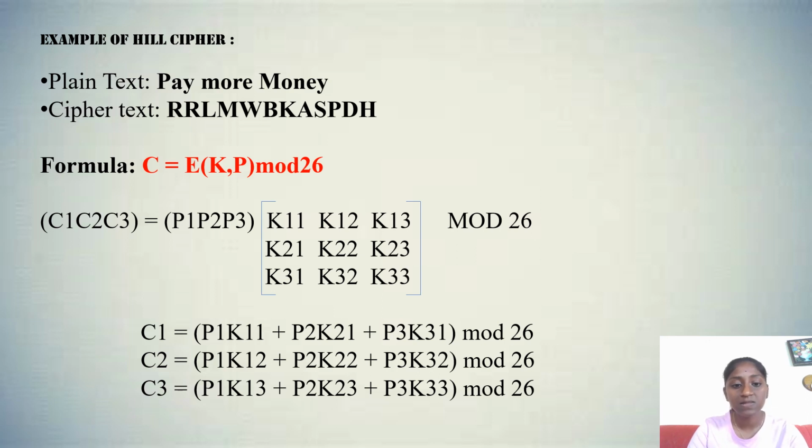We have to multiply each of the letters, that is P1, P2, P3, with the corresponding one. Similarly C2 is equal to P1 into K12, then P2 into K22, and then P3 into K32. We have to go column wise. Then C3 is equal to P1 into K13, P2 into K23, and P3 into K33. This all should be taken mod 26.